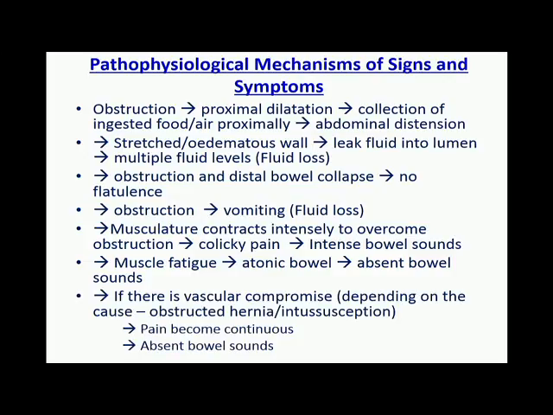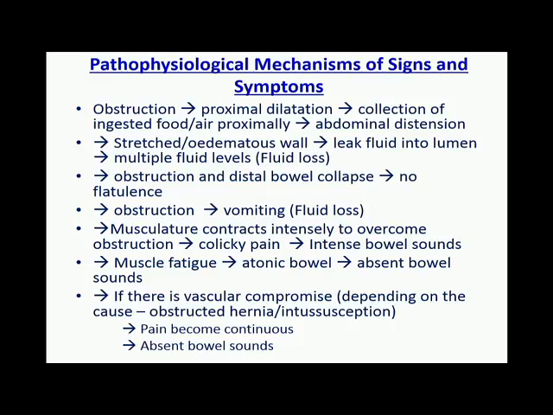If there is vascular compromise, depending on the cause, like volvulus or obstructed hernia, initially you can get colicky pain. If there's vascular obstruction, the ischemia can be continuous, which causes continuous pain. So at first, the patient with intestinal obstruction will tell you it's colicky pain. After a while, it becomes continuous.